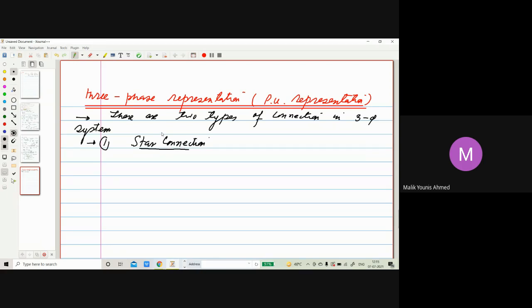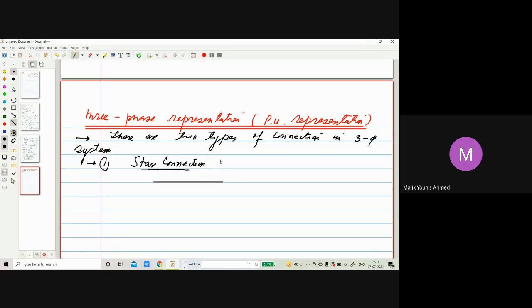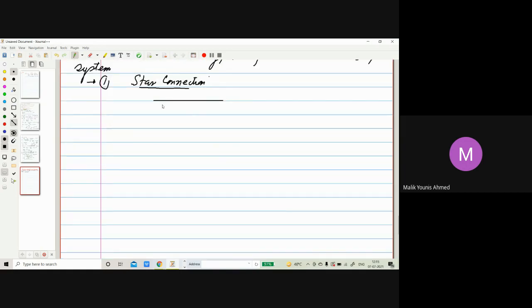Number two, we have delta connection. Let me draw the star connection first. So star connection is like this. Okay, so this is a star connection.